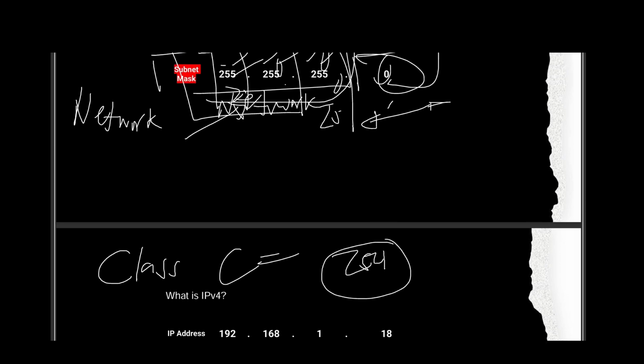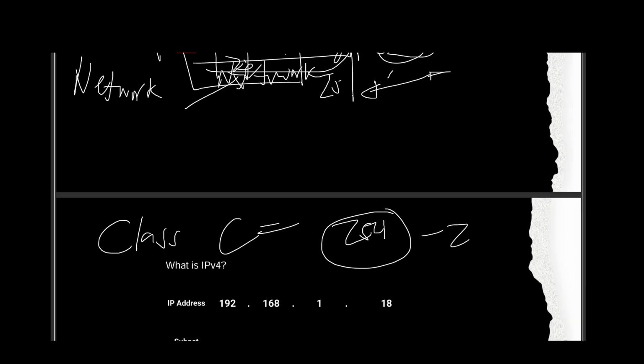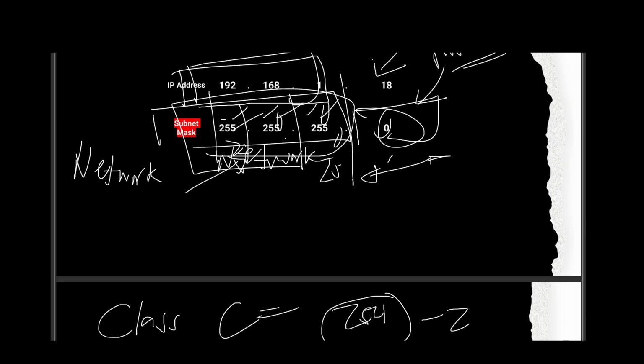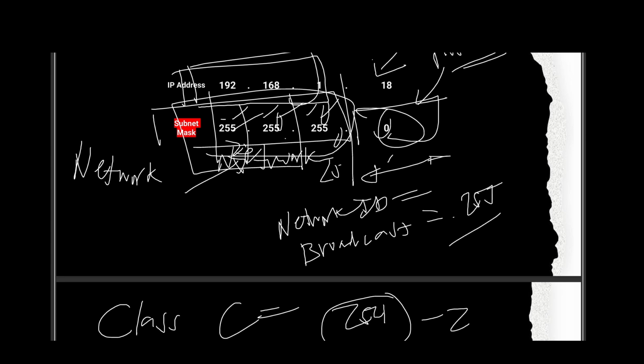So the maximum is 254. It's always minus 2 because the first IP, the .0, is the network ID, an identifier for that specific network. And the last IP would be the broadcast IP, which for this one would be .255.